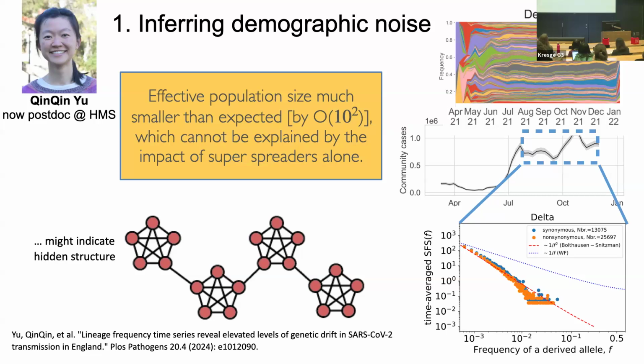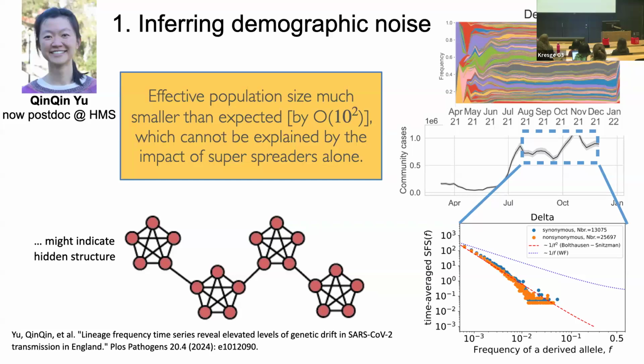He looked at the mutations that arose in this plateau phase. So that didn't exist before. They arose in the plateau phase. And then he asked, what is the frequency spectrum of these newly arisen mutations?